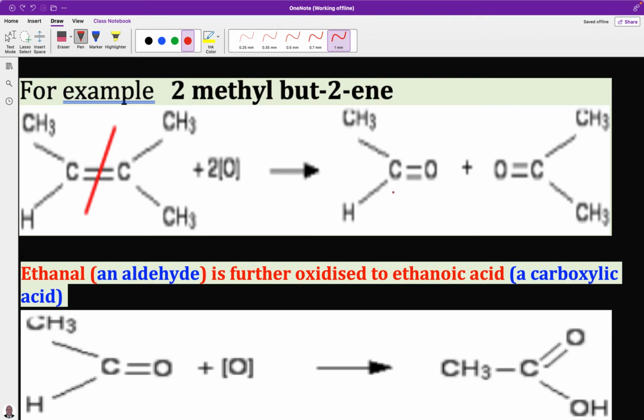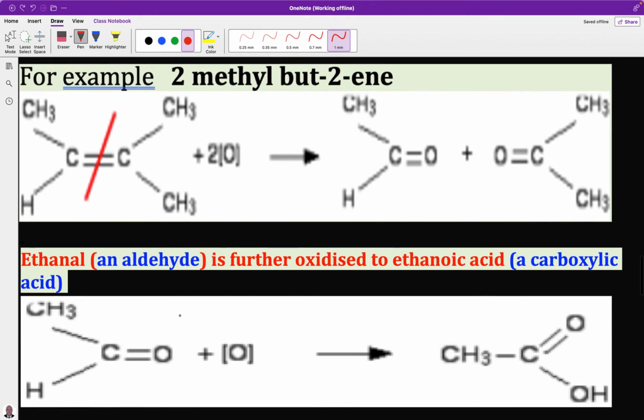This ethanal, because it's an aldehyde and because it has a hydrogen here, will further be oxidized by this oxidizing agent to its corresponding carboxylic acid, which is ethanoic acid. And this is the oxidation that follows. So this part of the molecule will give ethanoic acid, while this part of the molecule will remain as propanone.